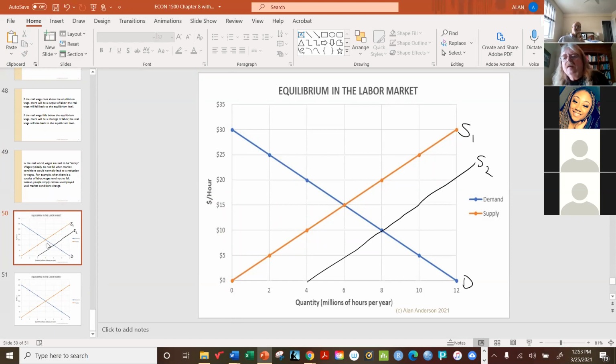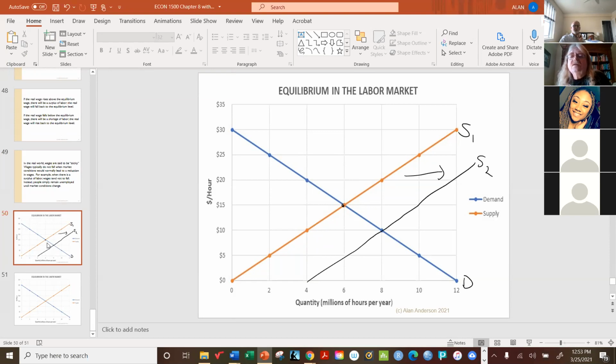Suppose that more babies are born than ever before, and 20 years down the road, the supply of labor increases. What is the tendency to happen to wages? Look at that. Then they might start to drift down. So an increase in the supply of labor would have a very negative impact on wages.